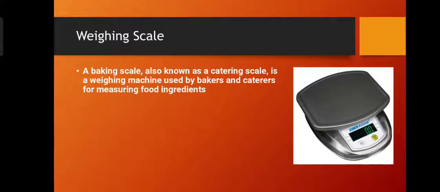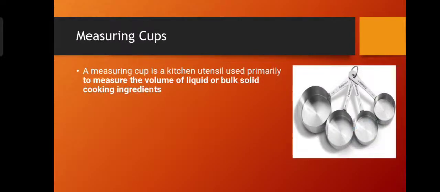The weighing scale, a baking scale, also known as catering scale, is a weighing machine used by bakers and caterers for measuring food ingredients. Measuring cups. A measuring cup is a kitchen utensil used primarily to measure the volume of liquid or bulk solid cooking ingredients.